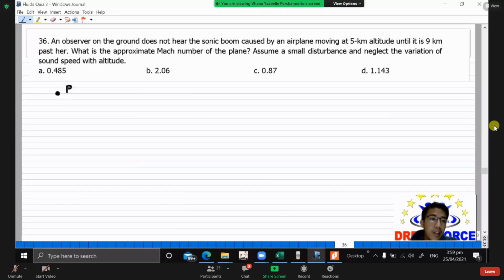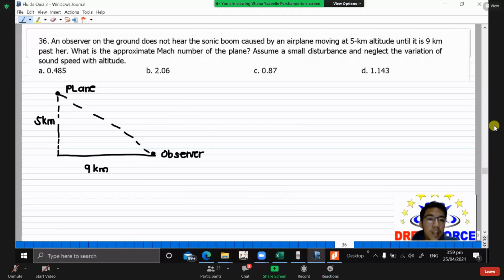Okay, for example, andito yung plane natin, yung point na yan, tapos andito yung ating observer. Hindi raw niya maririnig yung plane. Ito yung 5 kilometers natin na altitude, at hindi yan maririnig kung hindi 9 kilometers faster. Ito yung 9 kilometers natin.